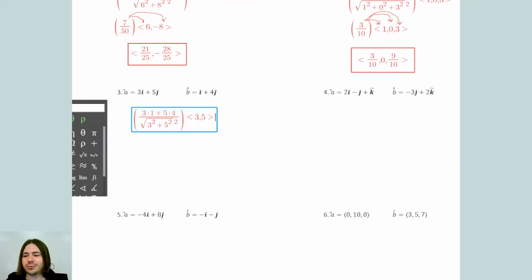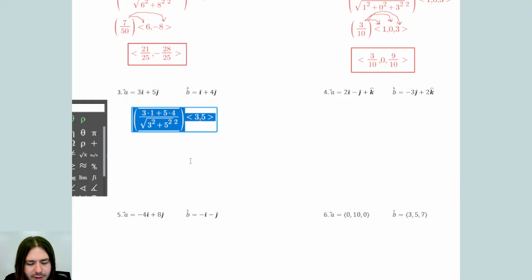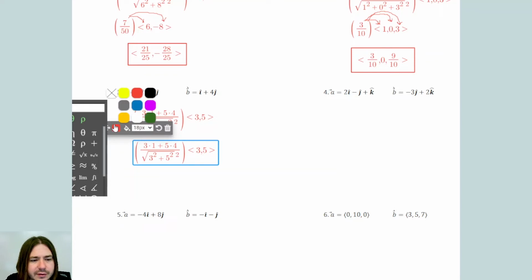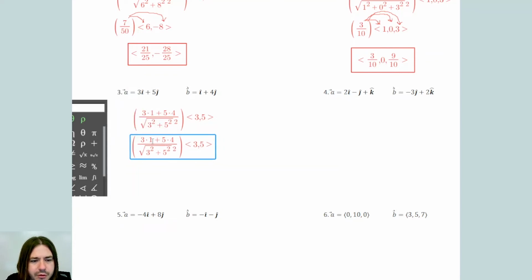It doesn't really matter which form you go in, so whatever you prefer is fine. I like using component form. So now we'll simplify all that stuff inside the parentheses. 3 times 1 is 3. 5 times 4 is 20, so this should be 23.